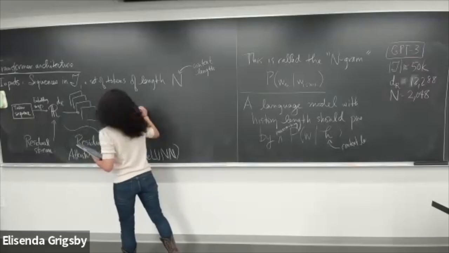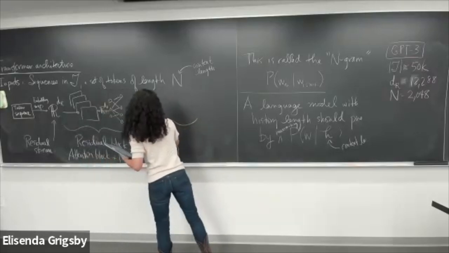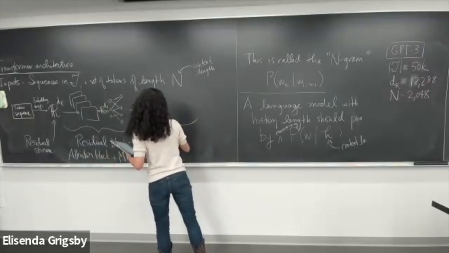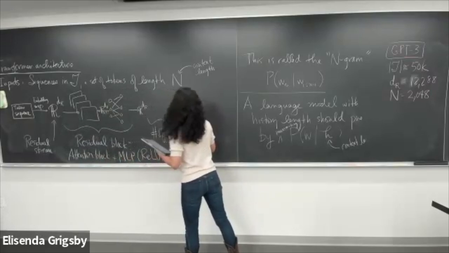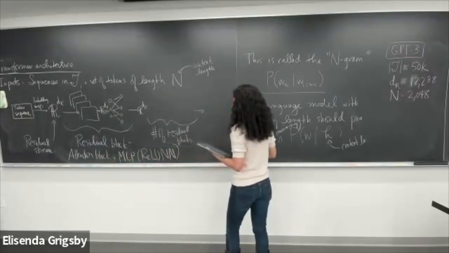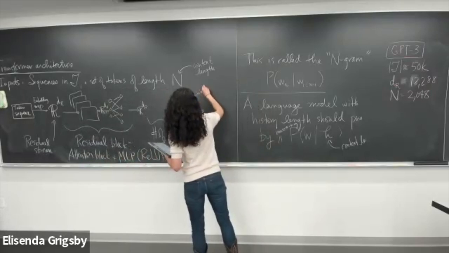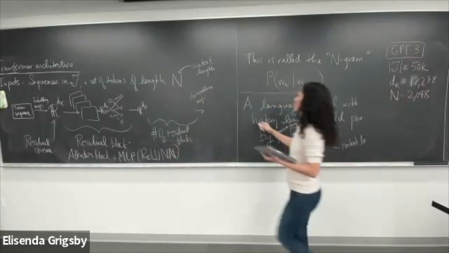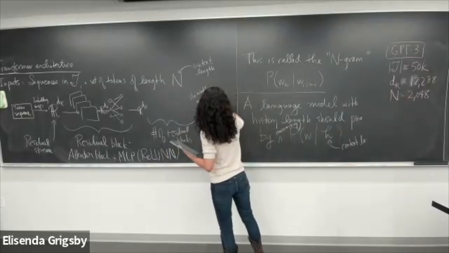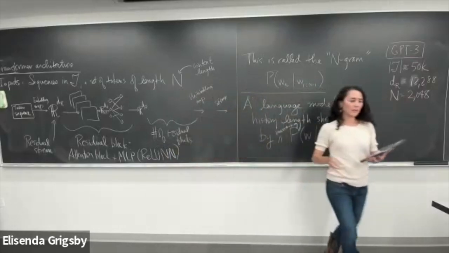And then again, you're back in the residual stream. And then you have a number of residual blocks like this. And then at the end, you do an unembedding, followed by a softmax. Okay.